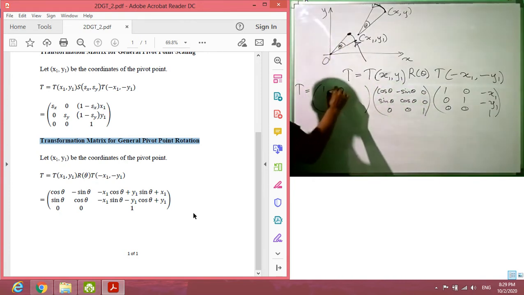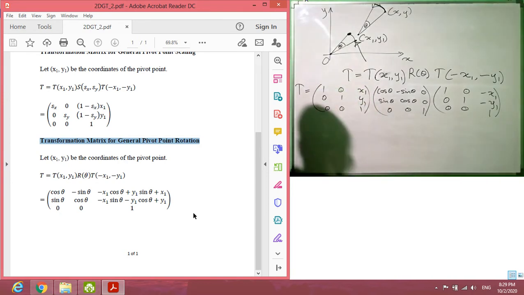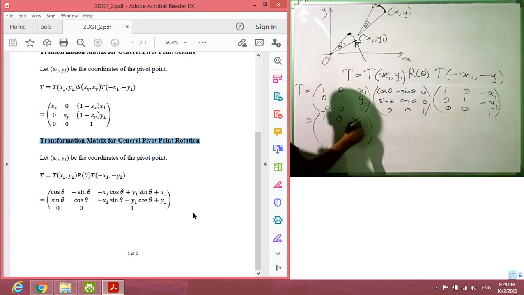This one is 1 0 x1, 0 1 y1, 0 0 1. Now we get this matrix 1 0 x1, 0 1 y1, 0 0 1.